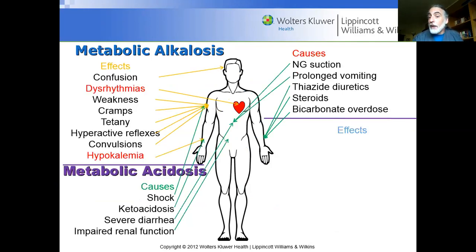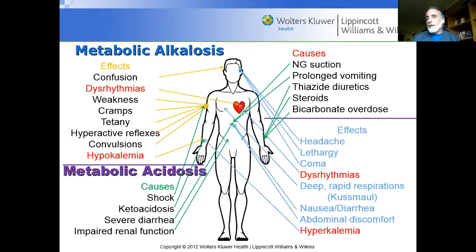So, flip sides of the coin. Metabolic and respiratory, flip sides of that coin too, in that if the cause is metabolic, the respiratory system is going to kick in to help level things out. If the cause is respiratory, metabolic compensation. Metabolic cause, respiratory compensation.